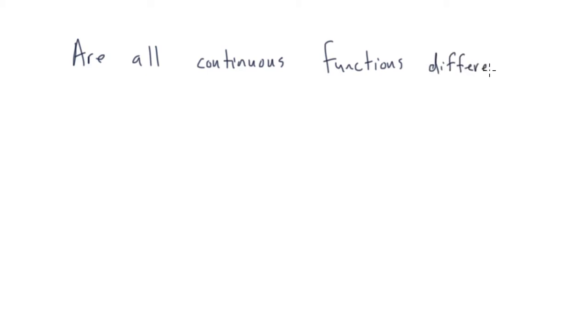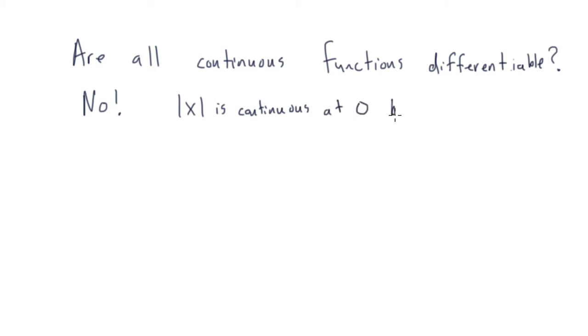Now I'll let you think about that for a second. So of course the answer is no, and we've actually already seen an example. Absolute value of x is continuous at 0, but not differentiable.